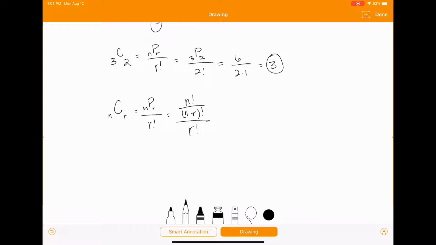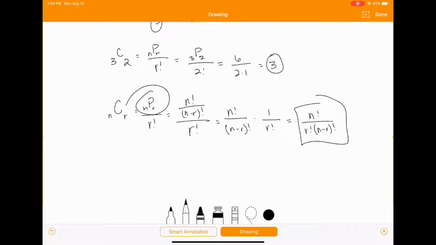Now we can do this division by multiplying by the reciprocal. So that's going to be n factorial over n minus r factorial times 1 over r factorial. So that's just going to be n factorial all over r factorial times n minus r factorial. So you can simplify your combination equation to that if you haven't found the permutations already.